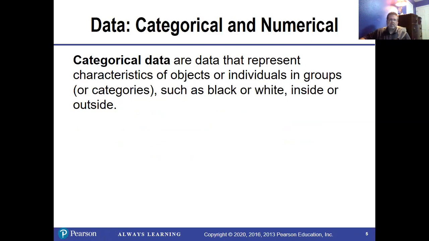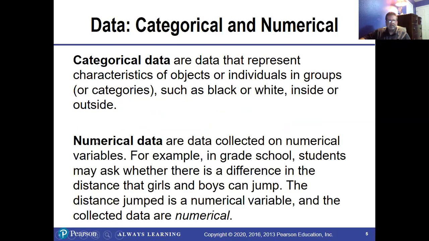So categorical data is data that represents characteristics of objects, individuals and groups, such as black or white, inside or outside. It's going to give you different types of categories. And then you have numerical data, which actually uses numbers. It says in grade school, students may ask whether or not there's a difference in the distance that girls and boys can jump. So you're putting a value to it.